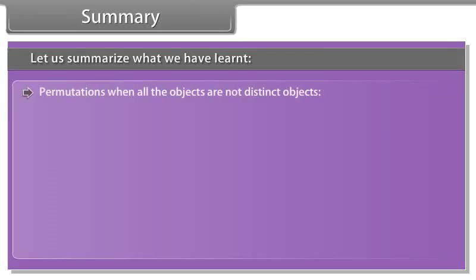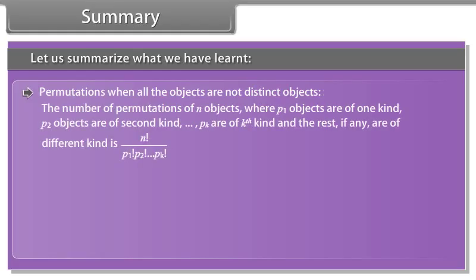Permutations when all the objects are not distinct: the number of permutations of n objects where p1 objects are of one kind, p2 objects are of second kind, pk are of the kth kind, and the rest, if any, are of different kind is n factorial divided by p1 factorial into p2 factorial up to pk factorial.